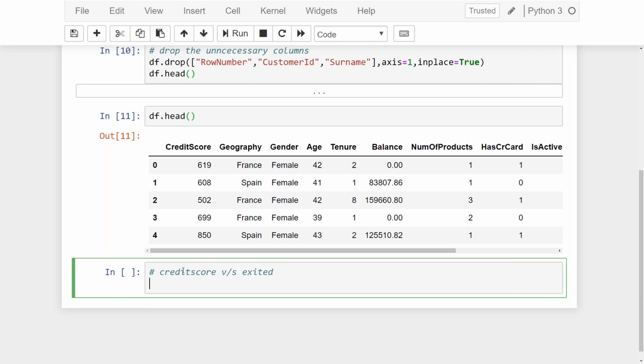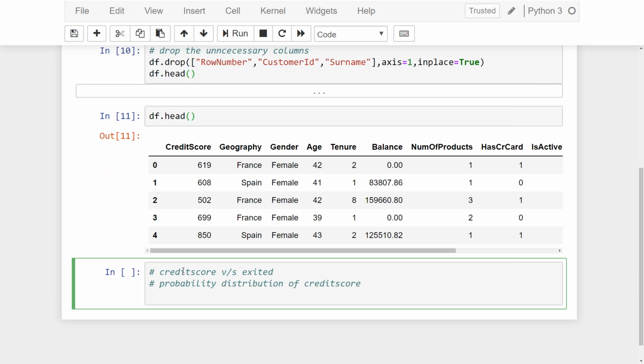We'll compare the probability distributions when customers are leaving and not leaving, to identify whether credit score impacts customers leaving the bank or not. So let's check that out here.